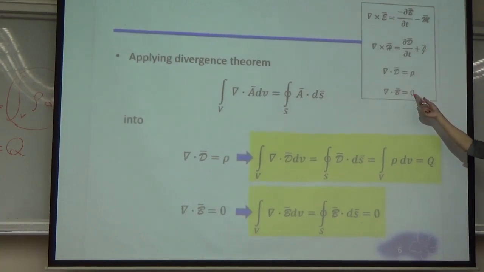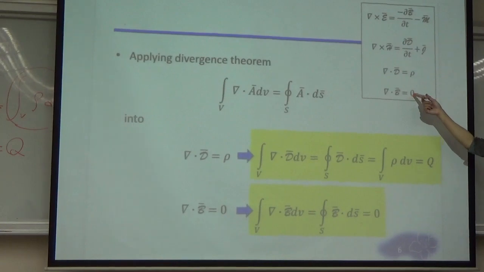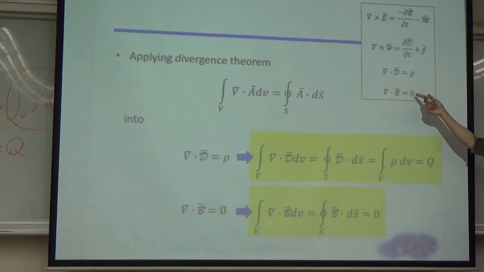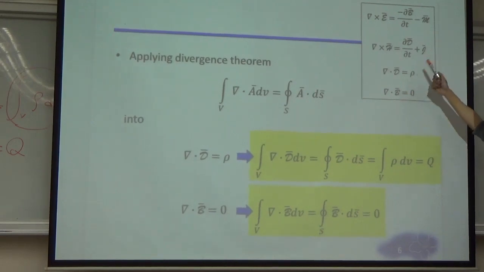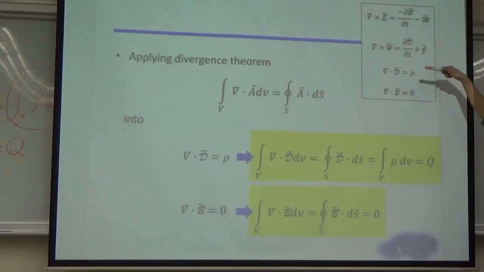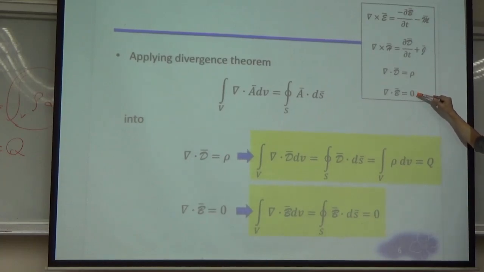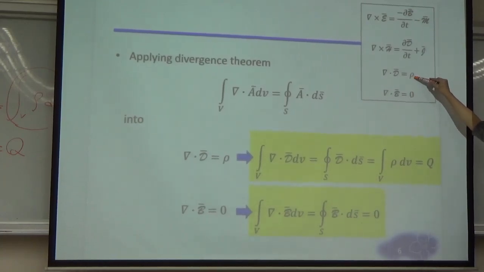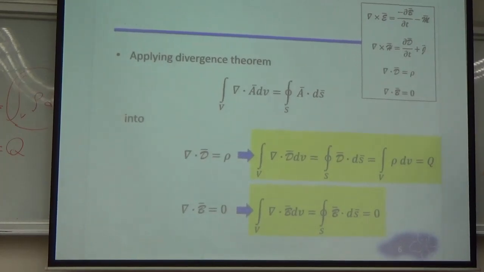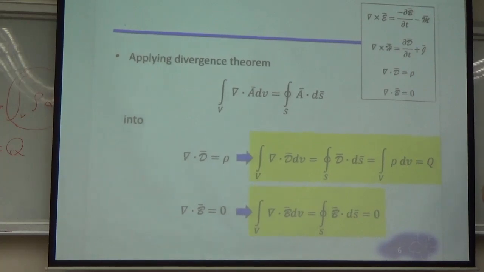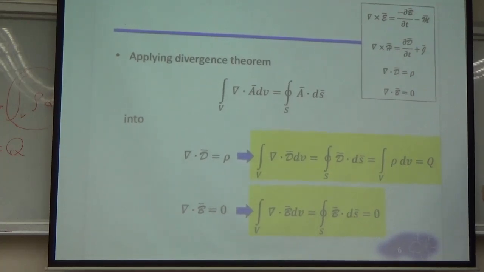Magnetic always equals 0 because there is no magnetic charge in this world. They just make it look beautiful. You have only the electric charge, right? You know there are magnetic dipoles, but there's no magnetic charge.